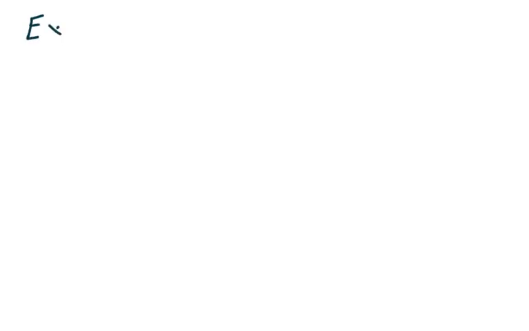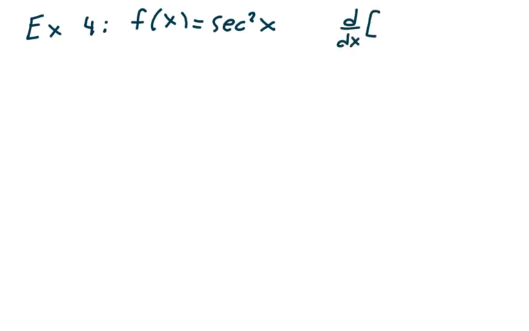Example 4. Suppose I had f of x is secant squared x. So now, again, you want to think backwards. Think of a function whose derivative is secant squared x. So in other words, you want to be thinking this: d dx of what is secant squared x?